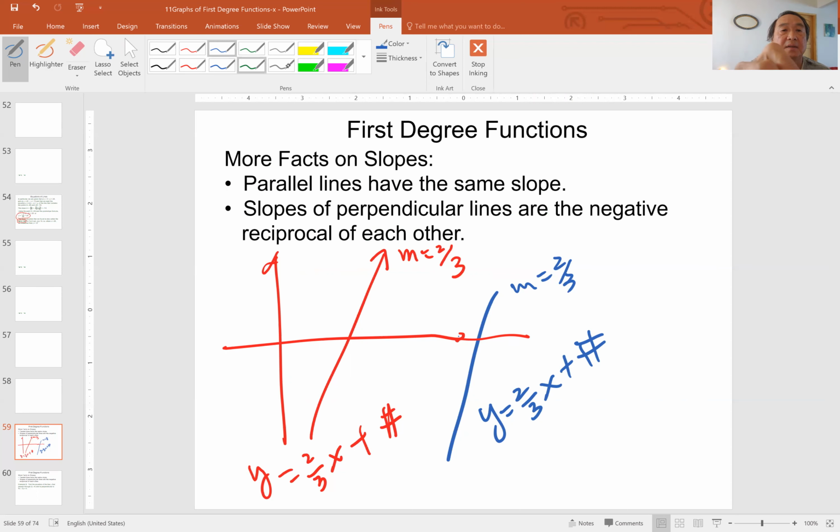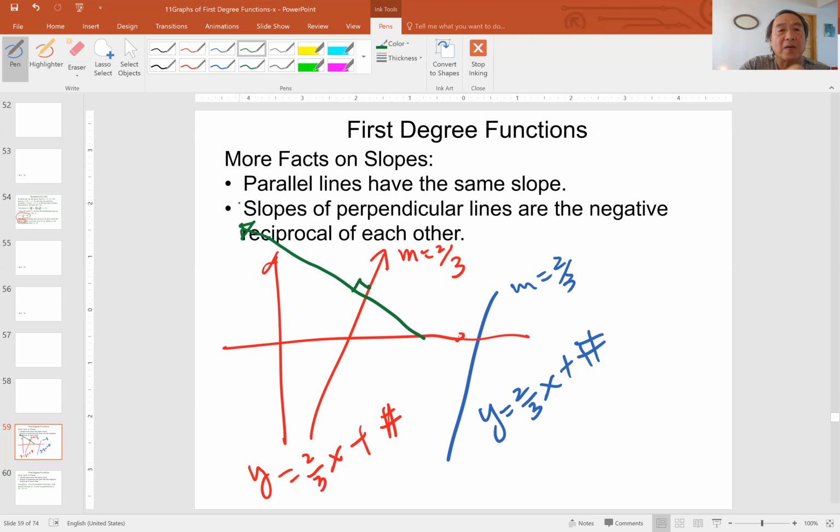On the other hand, suppose I have a line that's perpendicular to this one, 90 degrees. In mathematics and in physics, we consider the perpendicular direction very often, like for instance how a force breaks up into two different component forces. In mathematics, we have the perpendicular, for instance when we go to a three-dimensional surface, the things that are perpendicular to the surface.